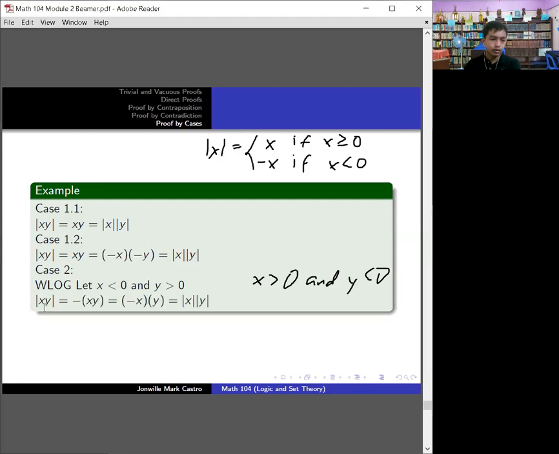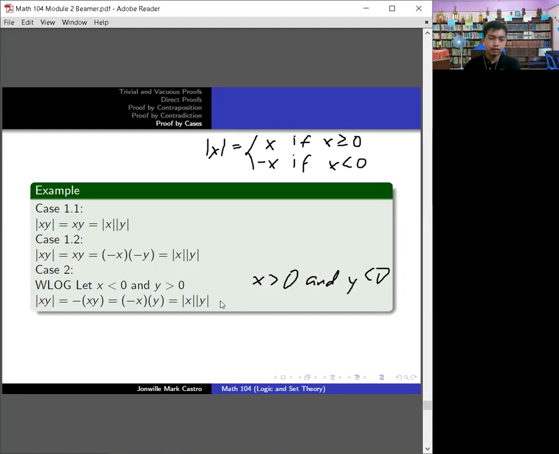Okay? So, absolute value of xy, since case 2, xy is negative, so by definition ng absolute value, ito ay negative quantity of xy, which is equal to negative x times negative y, which is equal to absolute value of x times absolute value of y. Okay, so yun yung case 2.